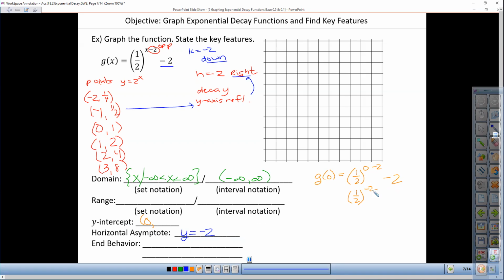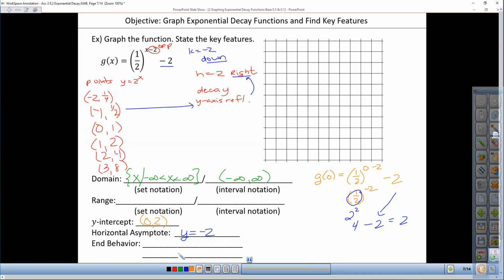They mean reciprocal powers, meaning that the reciprocal of this 1/2 to the positive exponent is what this really represents. So this actually is 2 squared, which is 4, and then the 4 minus that 2 there gives us a y-intercept, y-coordinate of 2.